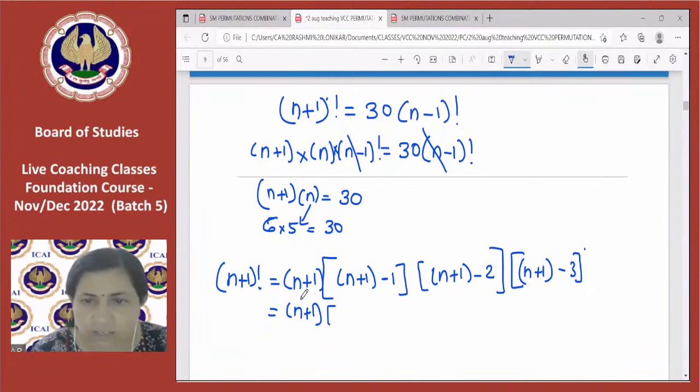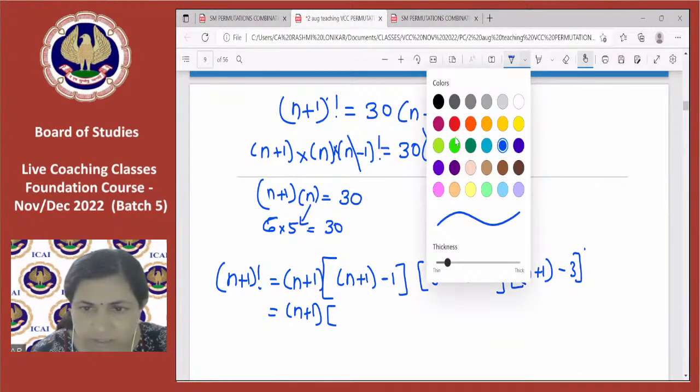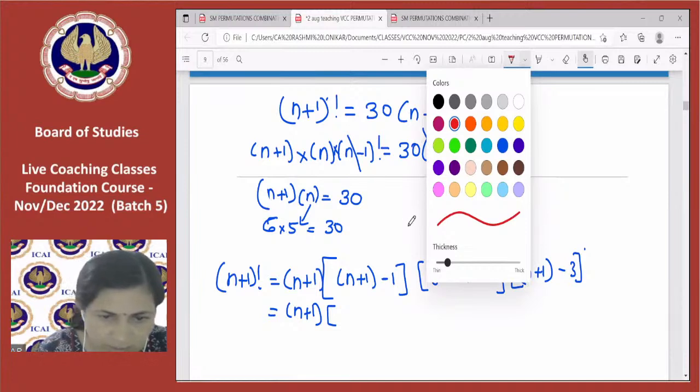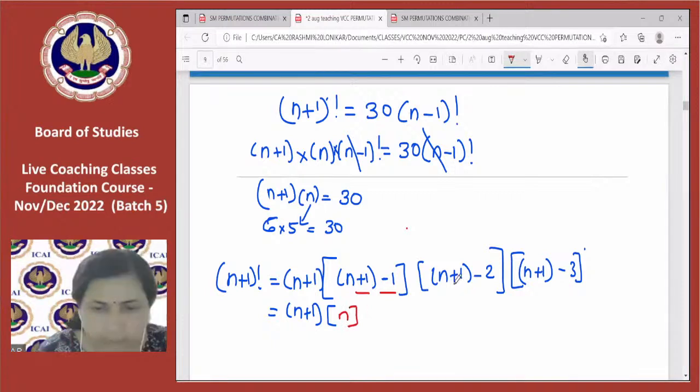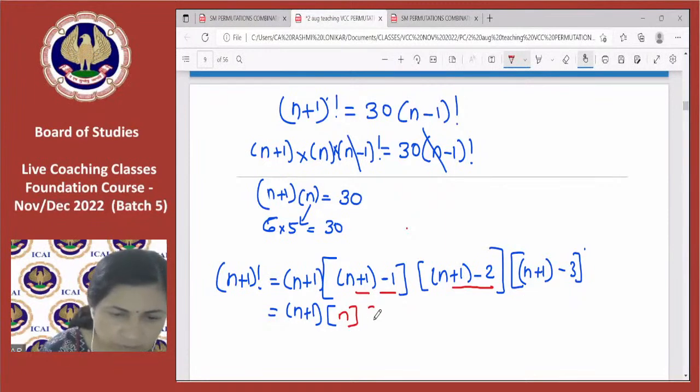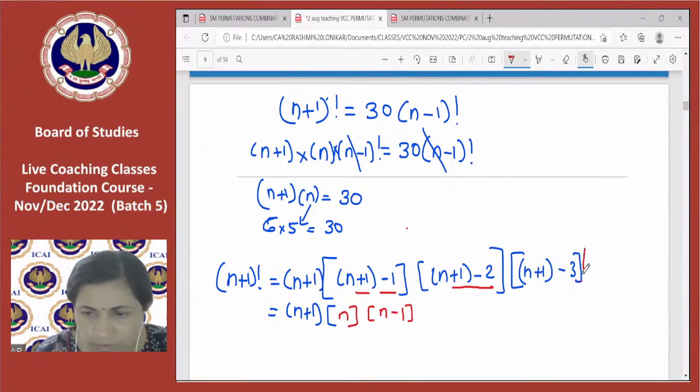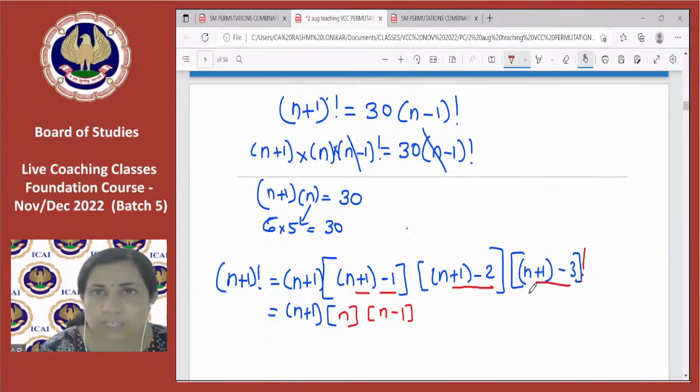This is plus 1 and this is minus 1. They will cancel out. Here I will get n. What happens here? This is plus 1 minus 2. Plus 1 and add minus 2, plus 1 minus 2 will give me minus 1. So this is n minus 1. If you want to take it further, suppose I want it this way. So then this will be how much? Plus 1 minus 3. Plus 1 minus 3 will give me minus 2.